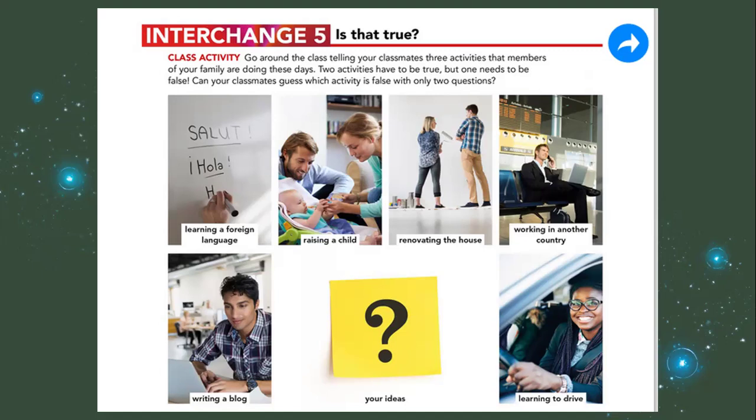We can say that with this structure too. But in this case, we have the second use, please. Things that you are doing not in this moment, but in this period of your life. Do you understand the difference that I want?